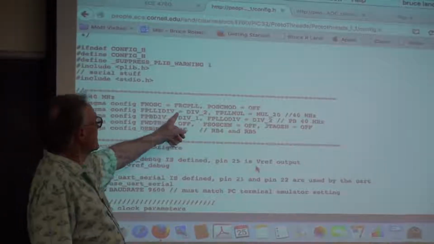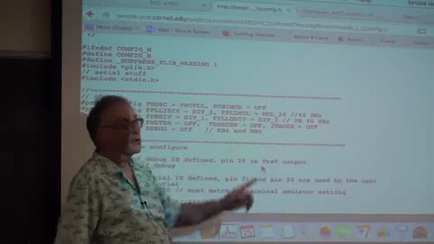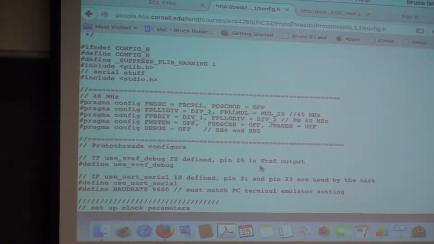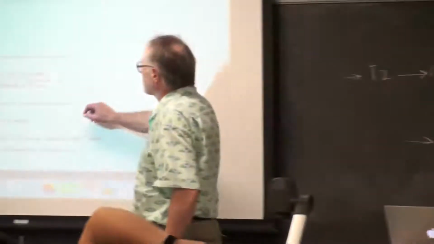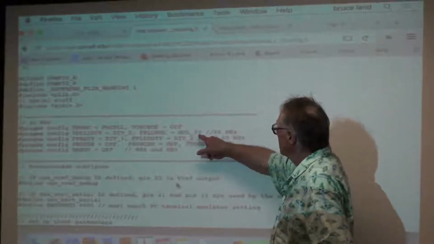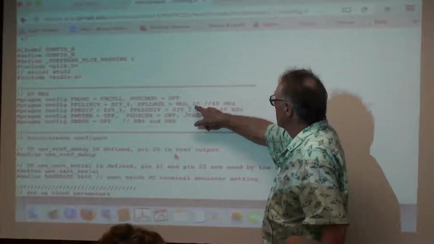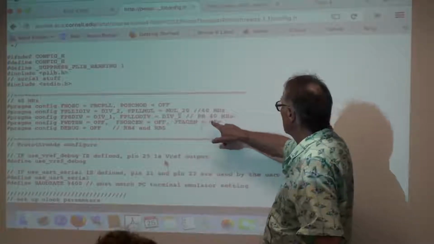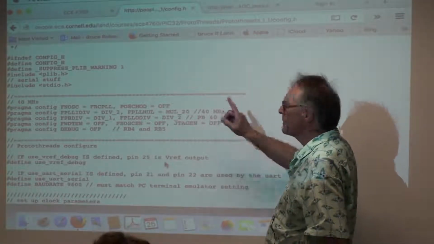The multipliers you can use are not arbitrary, but are most of the numbers between 2 and 20. So you could choose 15 here, or let's see, can you even go higher than 20?